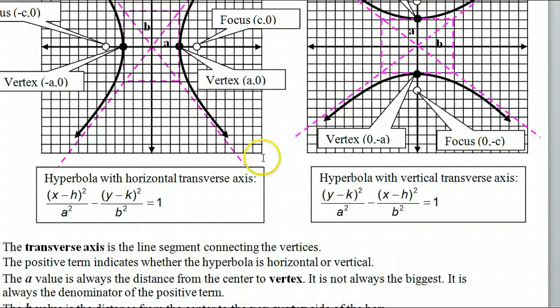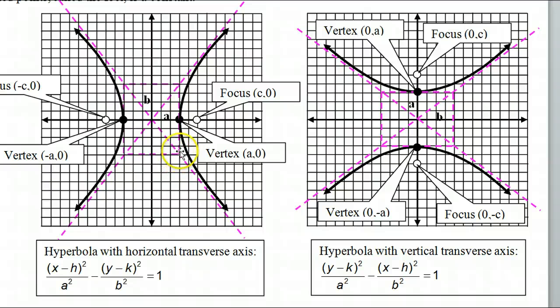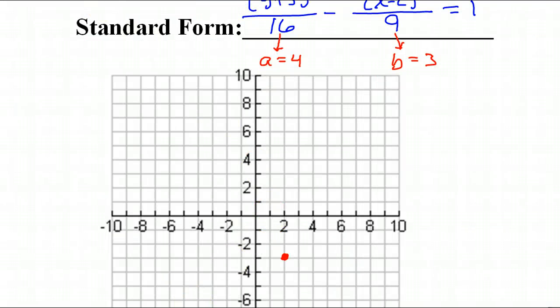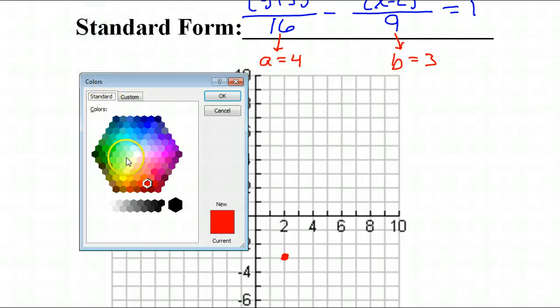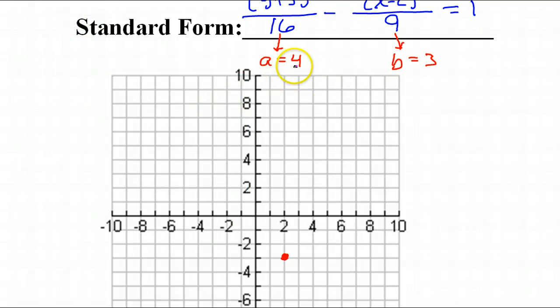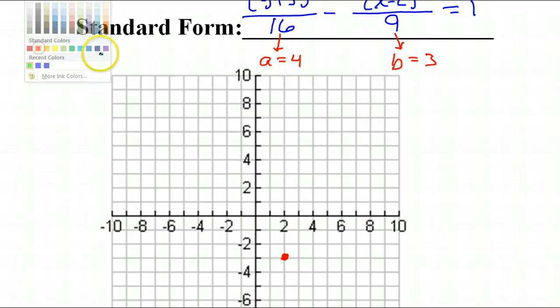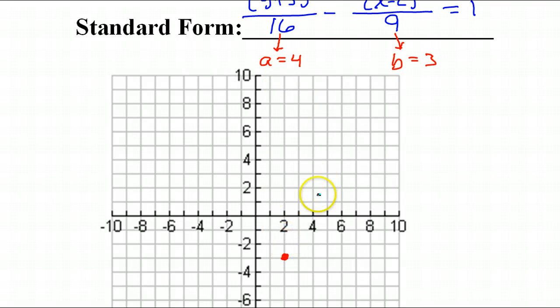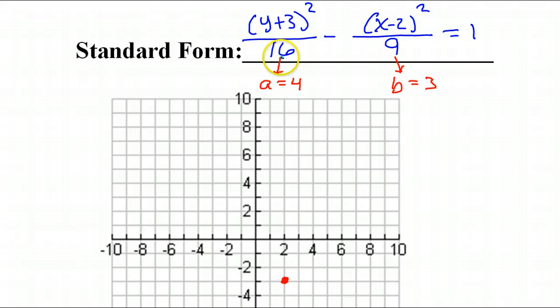Part of how you draw a hyperbola is you start by making a rectangle. You're going to use your A and B to draw a rectangle. So that's what's going to happen right now. A is 4, and notice that the A, the 4, is with the Y. So if it's with the Y, you do it in the Y direction.